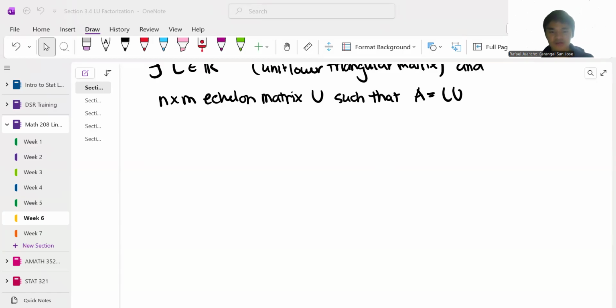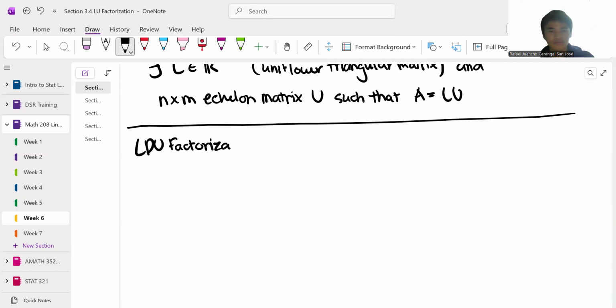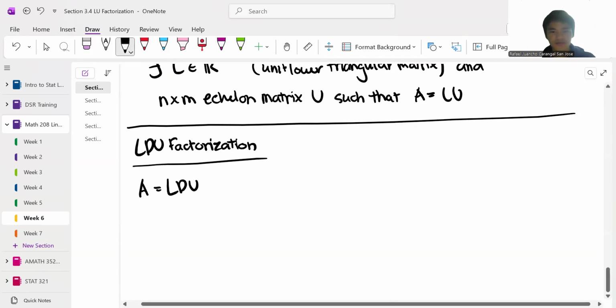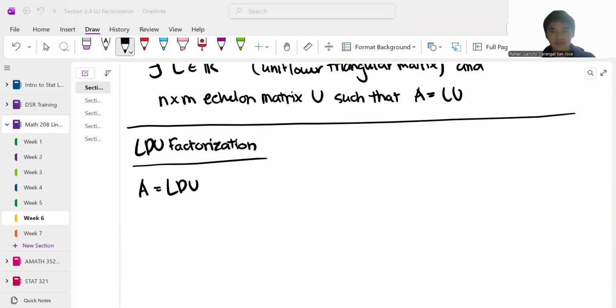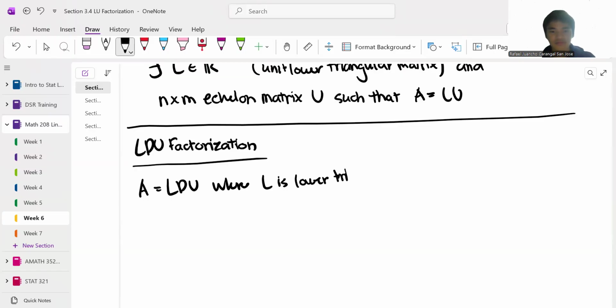Okay, let's do an LDU factorization, which shouldn't be that hard. LDU factorization is a variant of LU, right? So we say this matrix A is going to be LDU, where L is lower triangular, U is upper, and it's an echelon form.